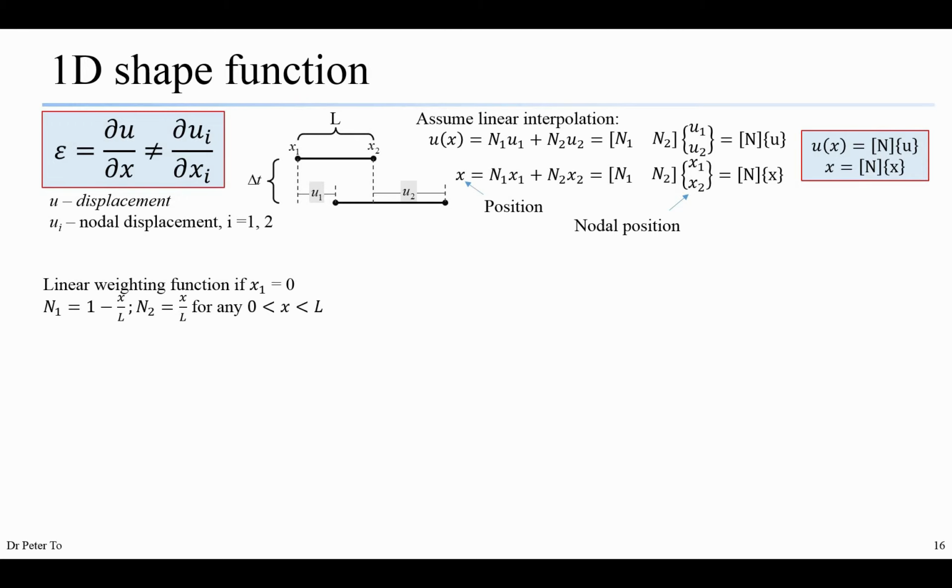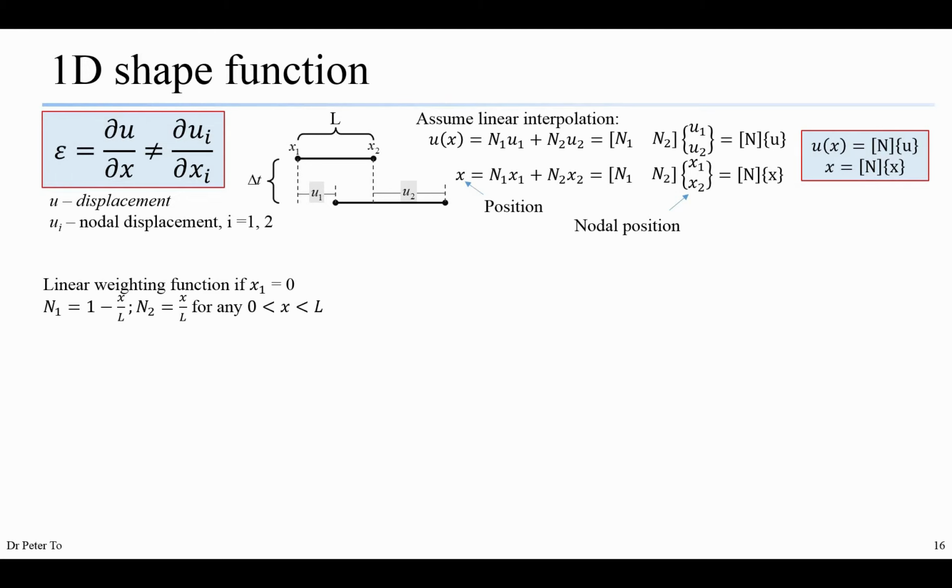Now we check it for a linear weighting function. If x1 equals 0, I have N1 = 1 − x/L and N2 = x/L. The solution works for all points from x1 to x2.